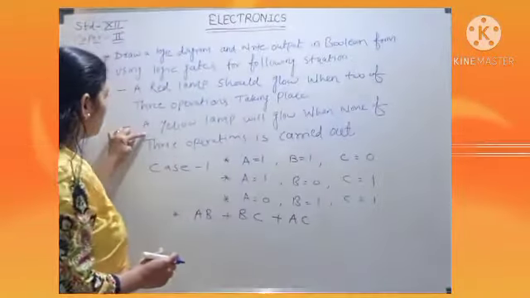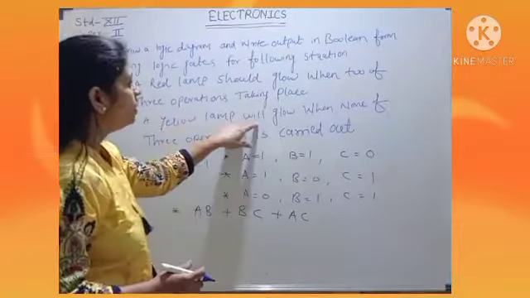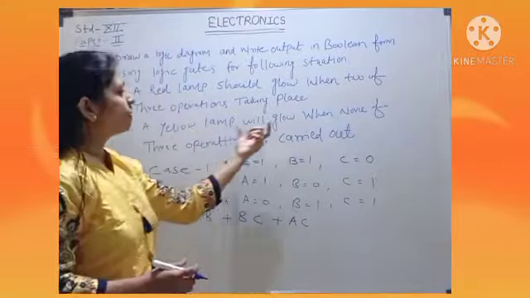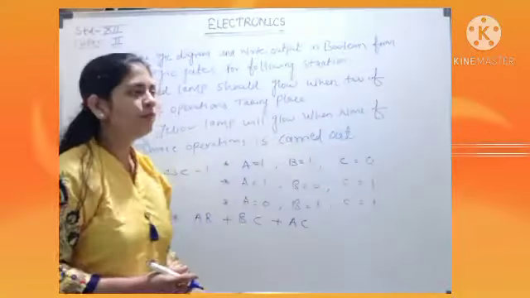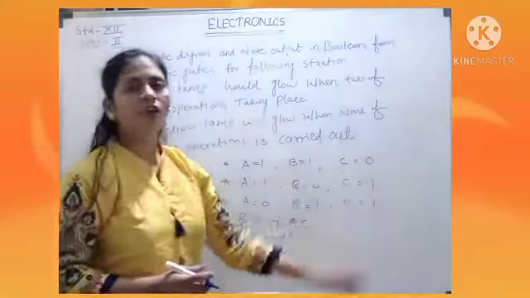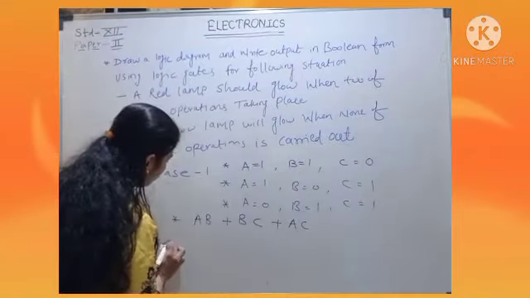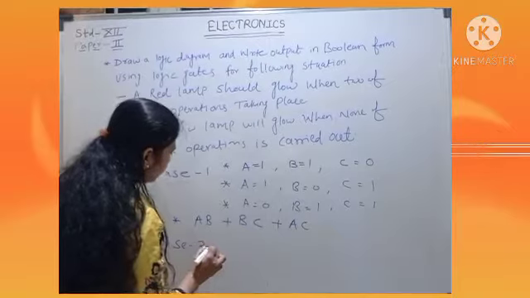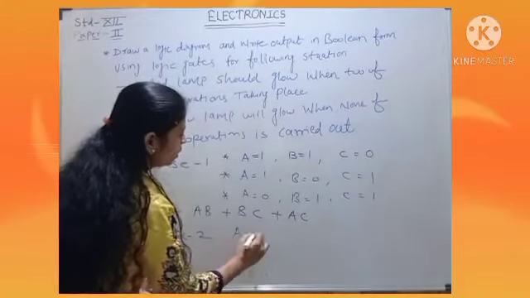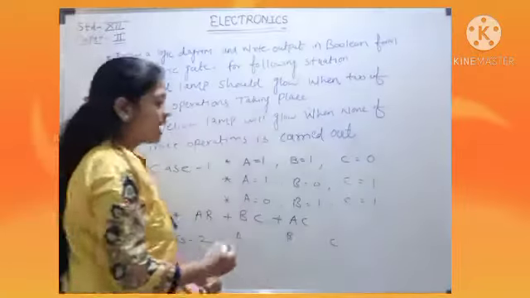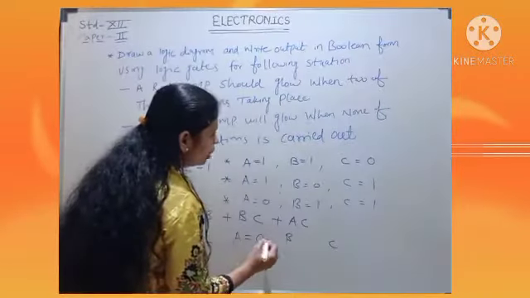In the second case, a yellow lamp will glow when none of the three operations are carried out, meaning all the operations are in the off condition. So for case 2, we take A, B and C as the three inputs, and all the inputs are in the low condition.